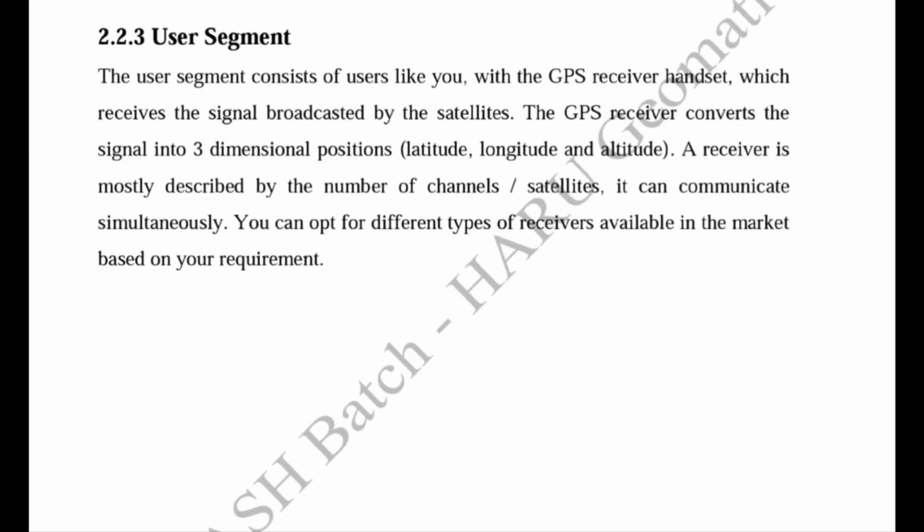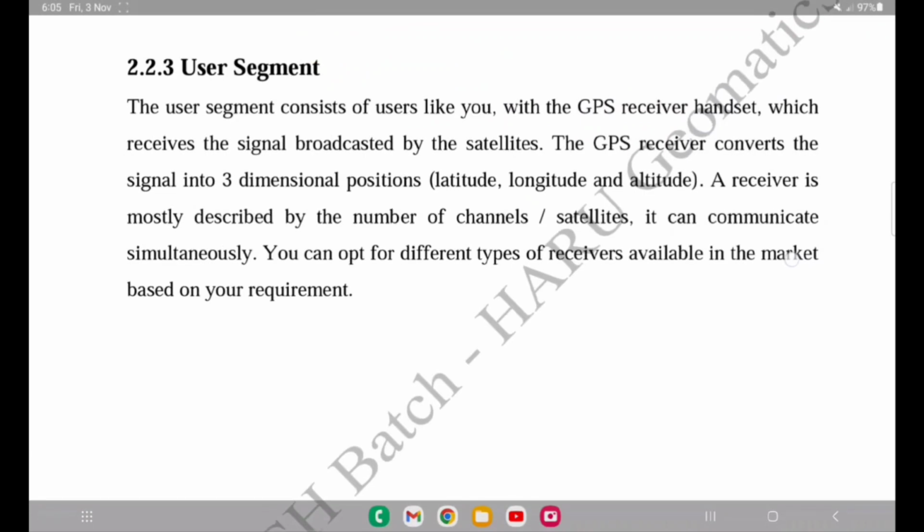So if we use our mobile phone which has the GPS receiver, it is also the user segment. So we, civilian or military, come under the user segment. The user segment considers the GPS receiver handset, meaning if we use the GPS receiver then we come under the user segment.